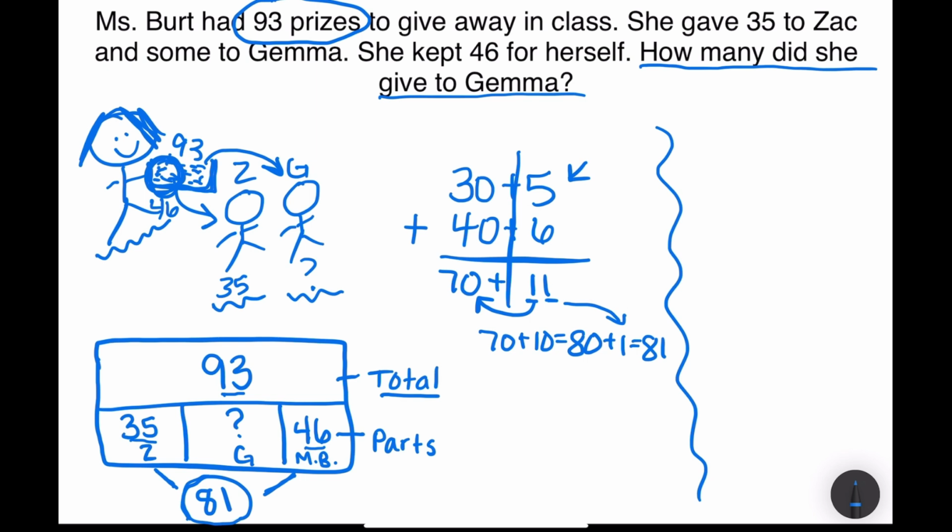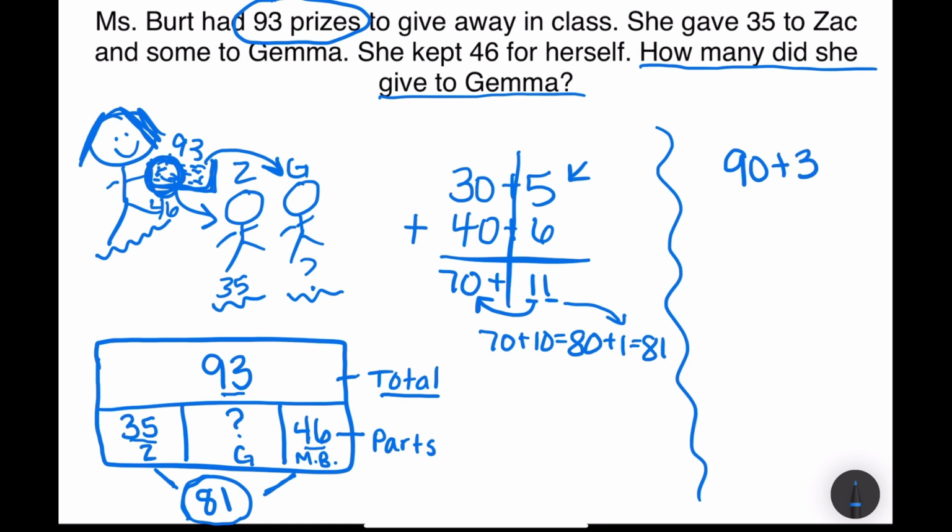So now I need to separate 81 away from 93 to figure out how many is left over, how many she gave to Gemma. So I'm going to take 93 the same way that I did 35 and 46 a minute ago. It's 90 plus 3.